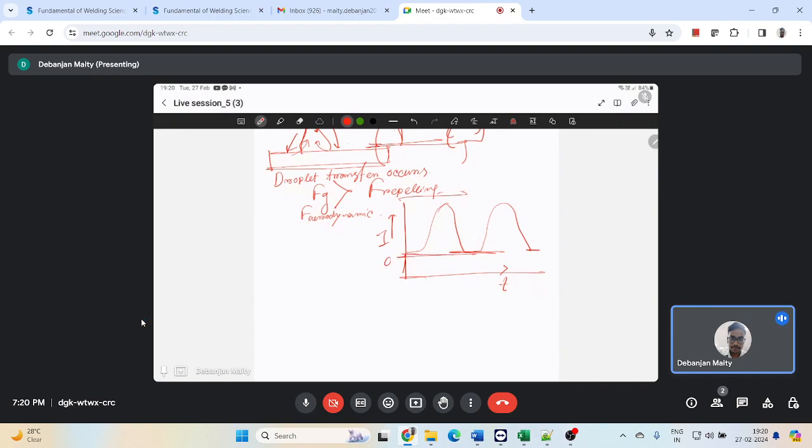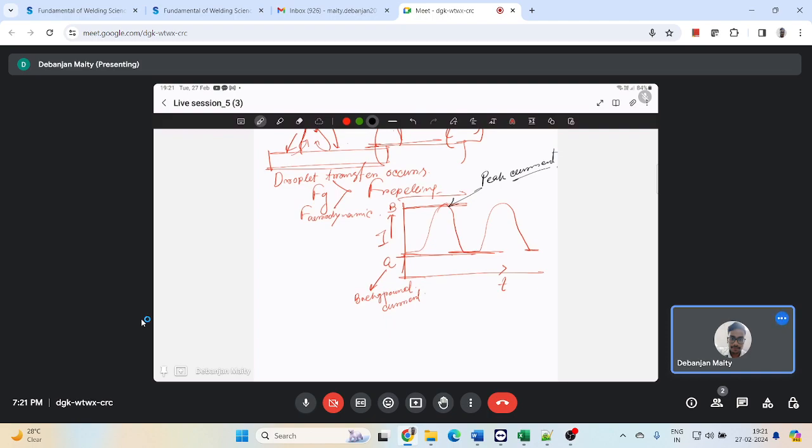Let's say point A is my background current and point B is the peak current, right?